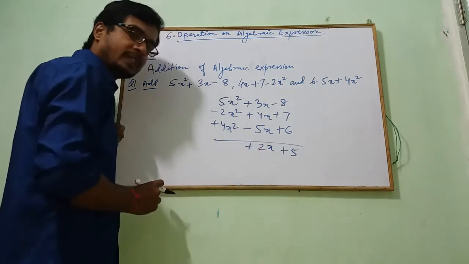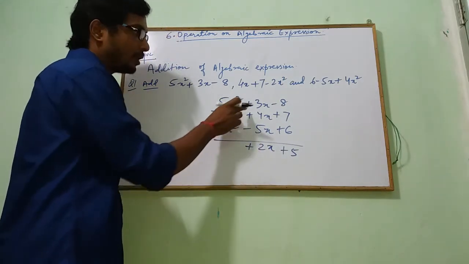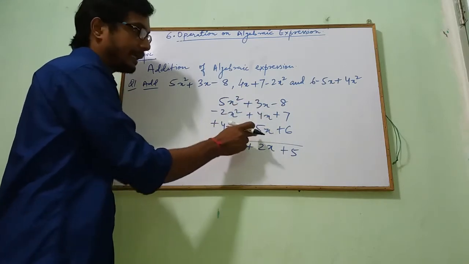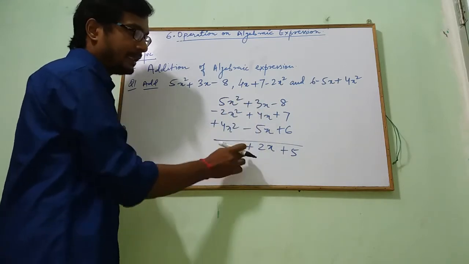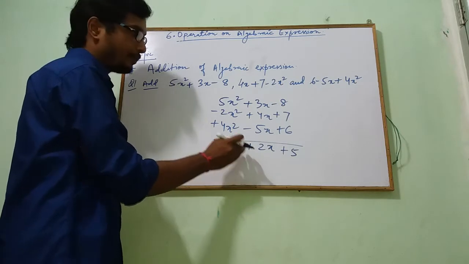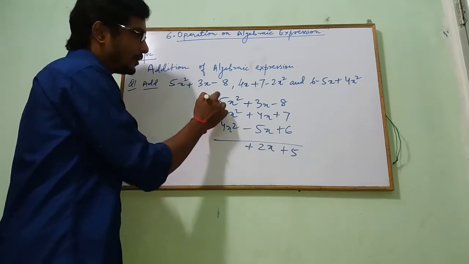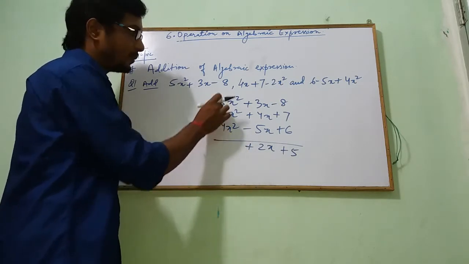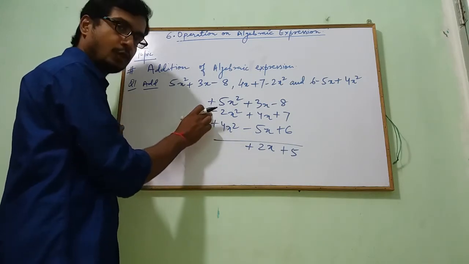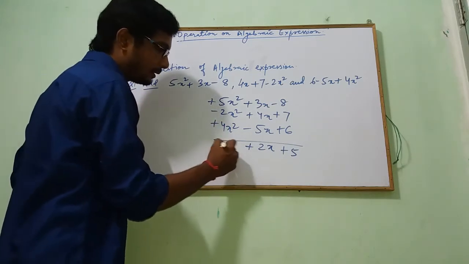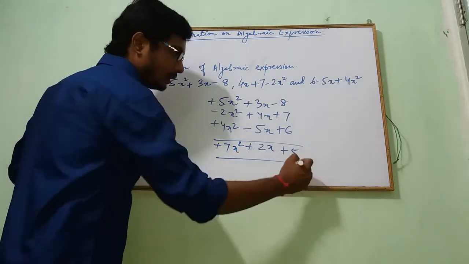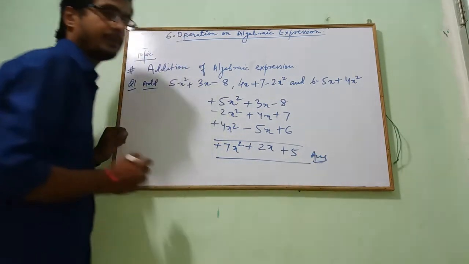So the sign will be plus. Why plus? Because 3 plus 4 becomes 7 and 7 is greater than 5, so therefore the sign is plus. Now next, plus 5 plus 4 becomes plus 9, plus 9 minus 2 becomes plus 7x square. So this will be my answer.